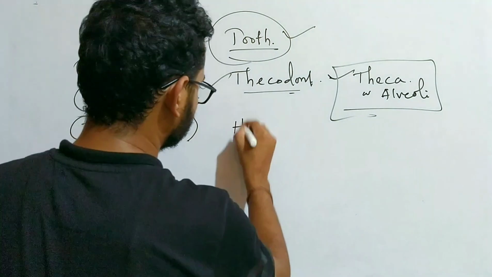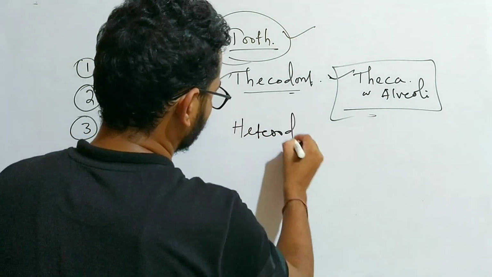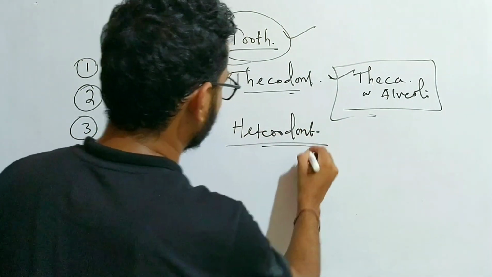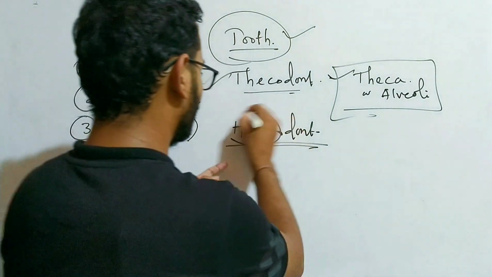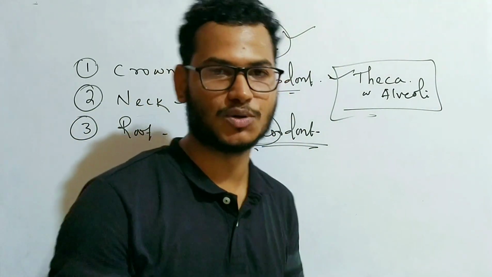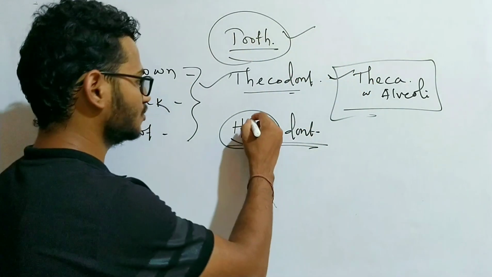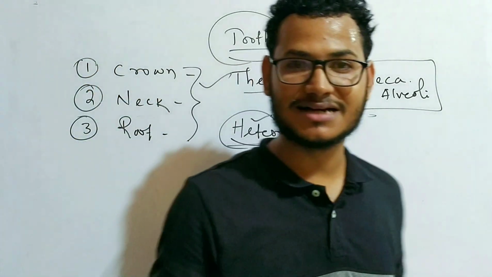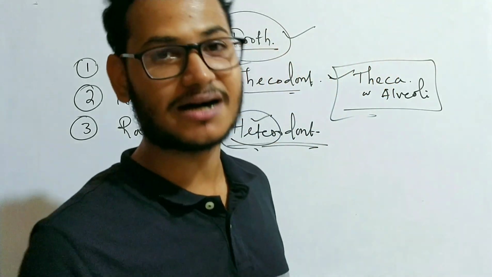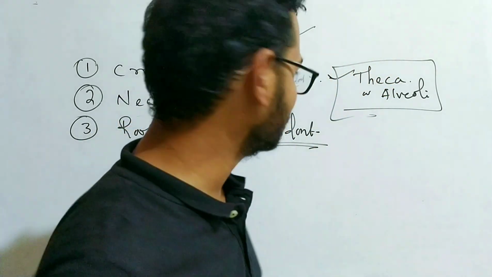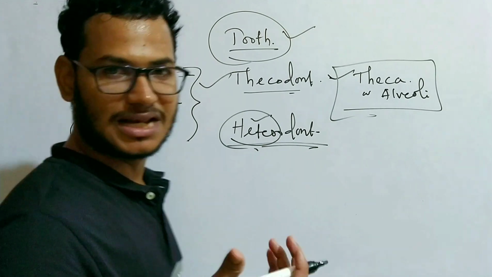The next term is heterodont. First understand homo and hetero. Homo means similar, hetero means dissimilar. So the teeth are not of a similar type. The structure of the teeth is different in different regions of the buccal cavity.